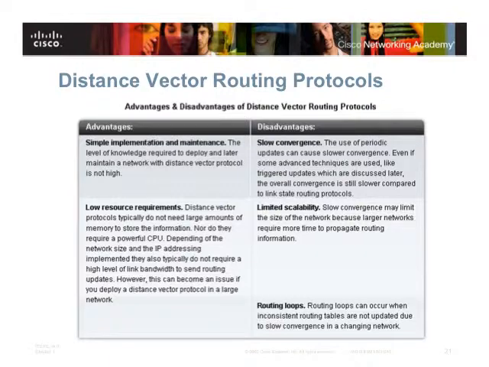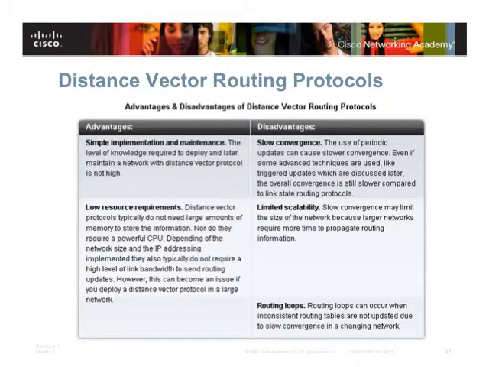To apply this criteria on distance vector routing protocols, again, in general, okay, we were not specifying any specific routing protocol. We're not talking about RIP, for example. We're talking about the general category of distance vector routing protocols. Generally, for distance vector routing protocols, you have simple implementation and maintenance.